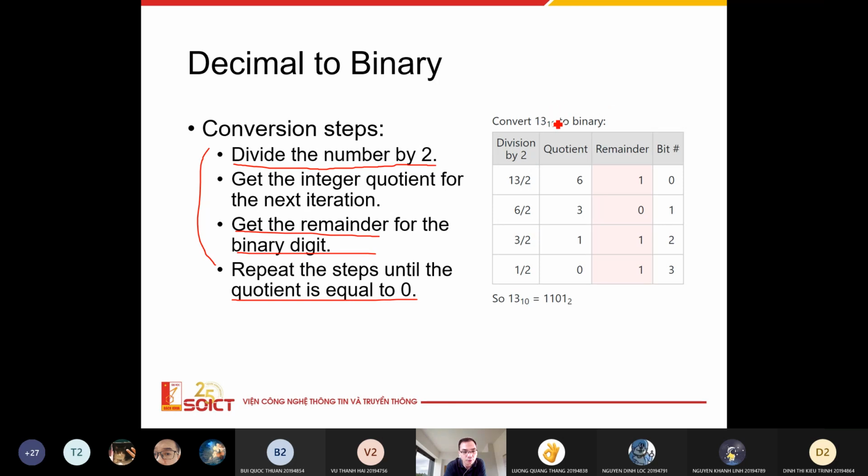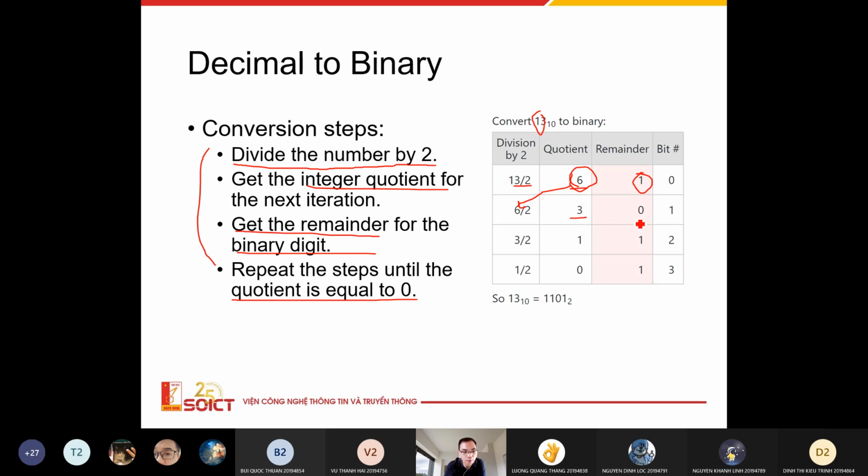Let's take an example. I want to convert the decimal 13 into its binary form. You can see that I take this number and I divide it by 2. So I get the integer quotient 6, and the remainder is 1. So this one is for the binary form. And then I take the quotient and I divide it by 2 again, and I get a new quotient, right?